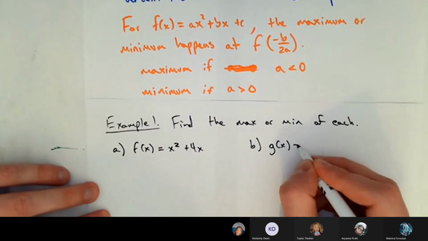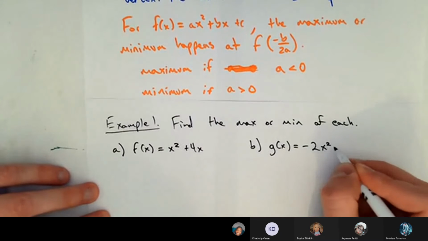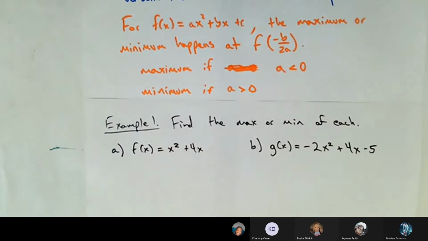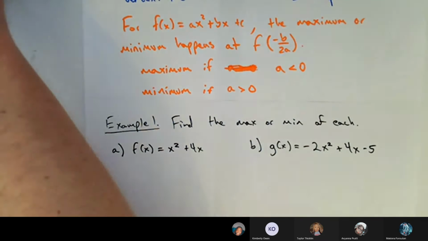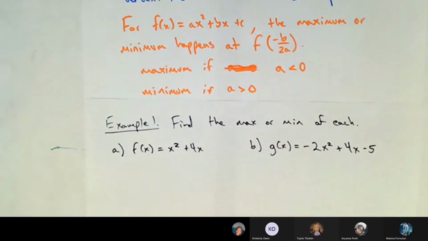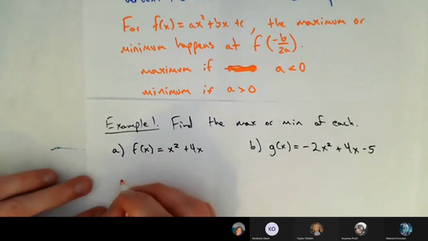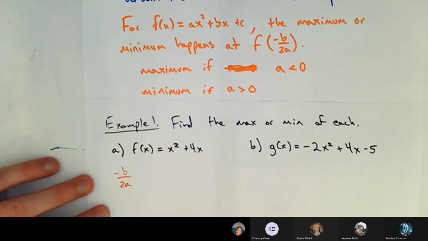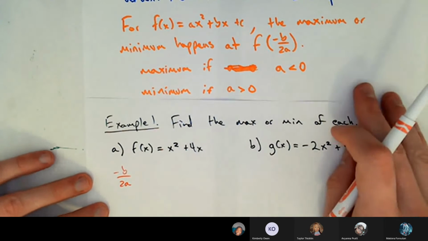And part B, g of x is negative 2x squared plus 4x minus 5. So what do I do? I figure out what negative b over 2a is. That's going to be some x value, and then I'm going to plug it into the function.